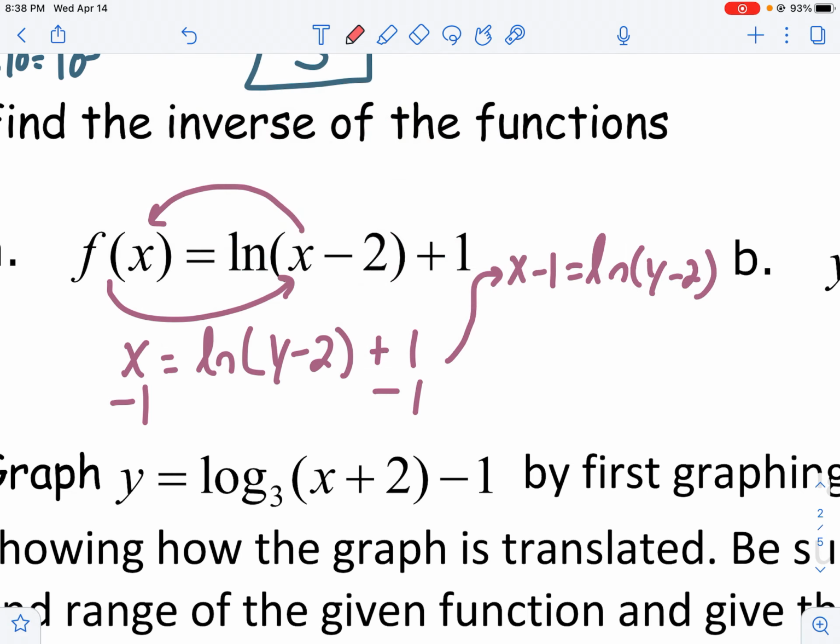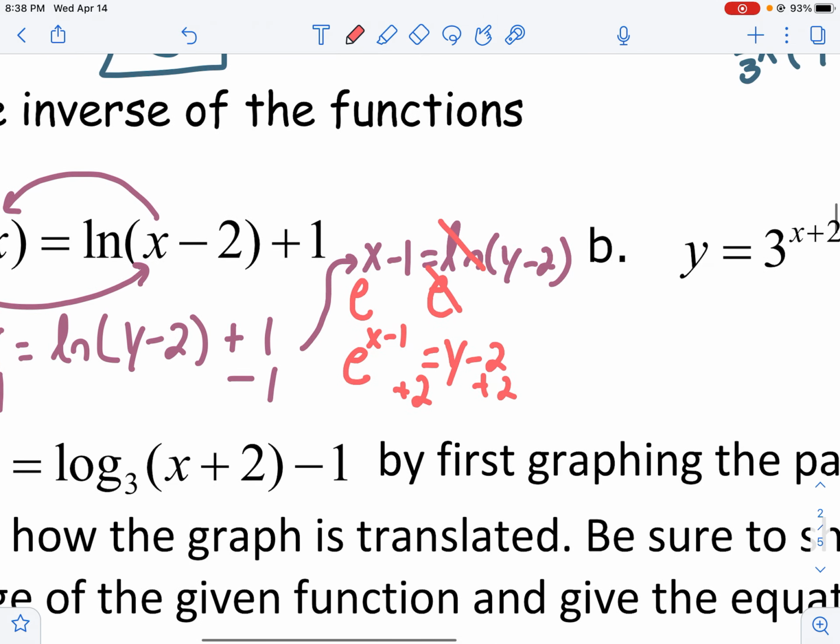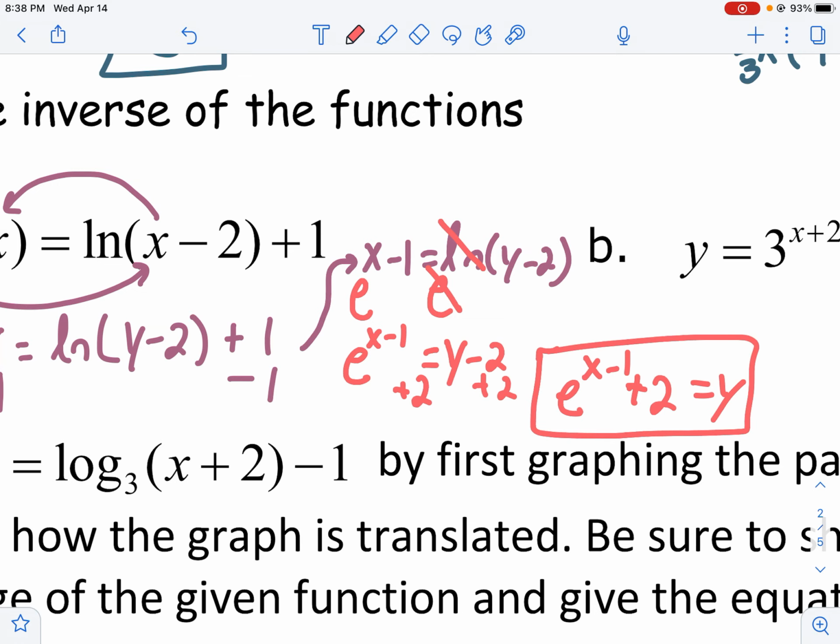Now that the natural log is isolated, we can e both sides, so we e here and we e here. Natural log and e will cancel to leave us with y minus 2 on the right side. On the left side, we have e raised to the x minus 1. And then you add 2 to both sides to get e to the x minus 1, plus 2, is equal to y. And there's our inverse function.